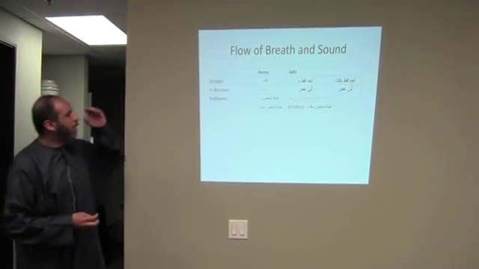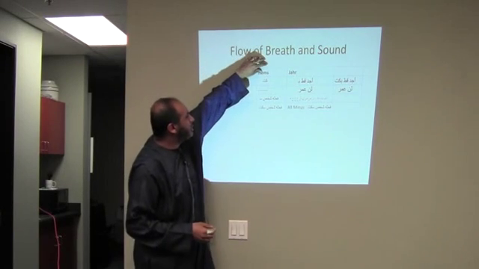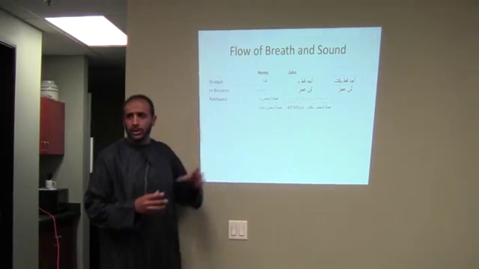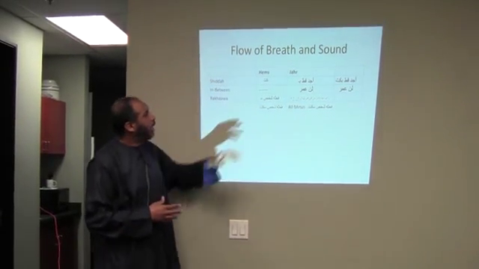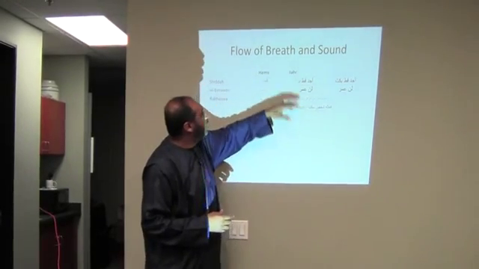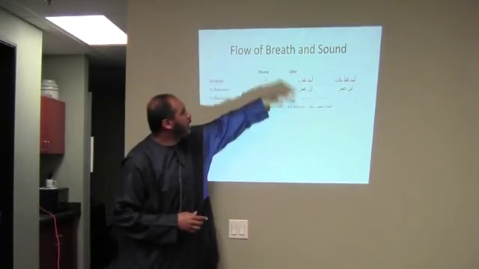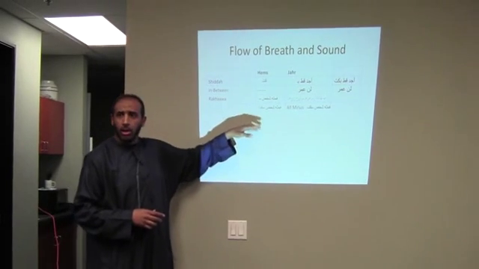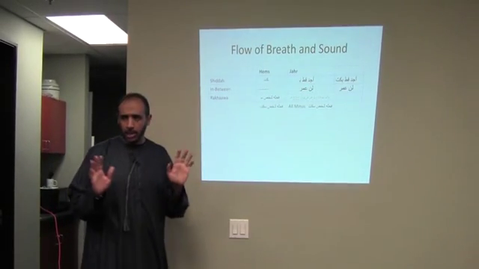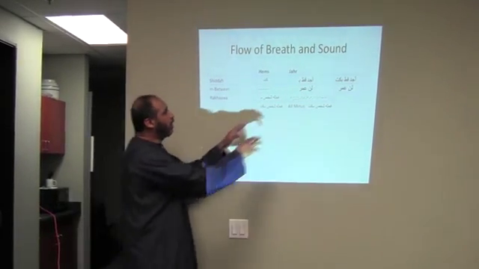So for example here, we know that al-hams are فحثه شخص سكت. Okay? And we know that al-jahr are all the letters except for فحثه شخص سكت. Is that okay? So you have all of these.